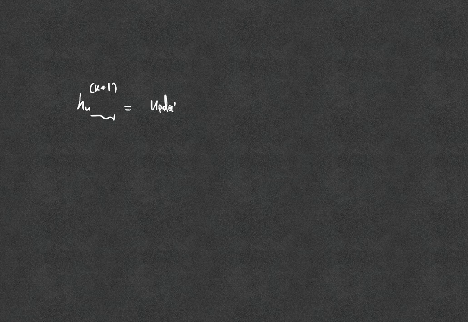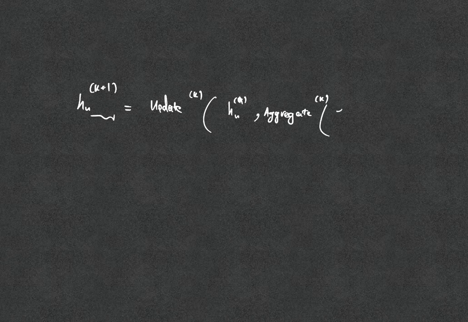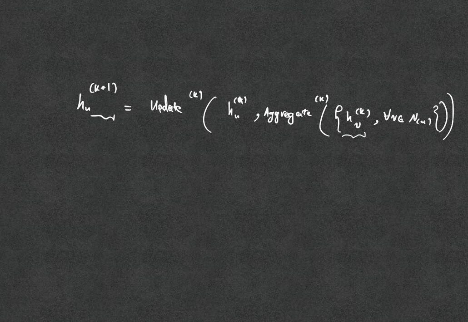The update at iteration K will basically take the previous hidden representation that we had along with some form of aggregation over the hidden states or hidden embeddings of the nodes that are a neighborhood of the node in question.